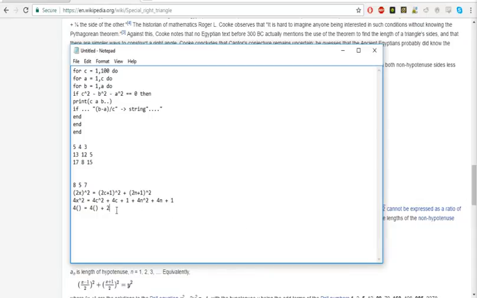So you can't add up two odd numbers squared and get an even number squared. So that is not a possibility. So that's why these are only odd numbers.